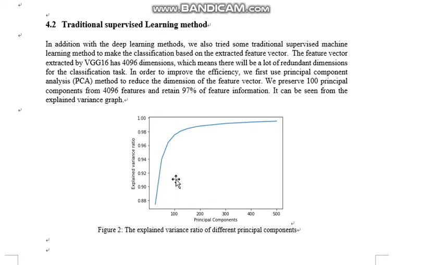Here we use PCA to do the dimension reduction. We choose 100 principal components, and you can see it gives 97% of the feature information. It's very good.